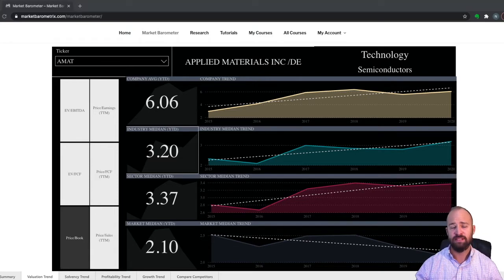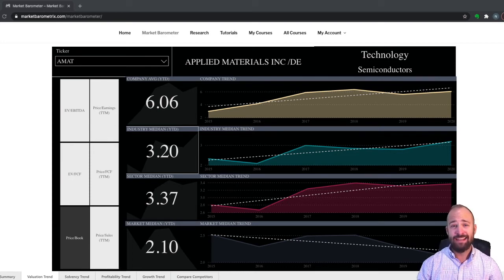And that's one of the reasons that we look at several different valuation ratios, to not only gain more support for our perception of the valuation of this company, but also to find weird, unusual things like this, where Applied Materials is pretty much in line with the general expensiveness of the semiconductors industry, but it would seem that the book value of its assets is much less relative to the company's share price than that of its industry peers.